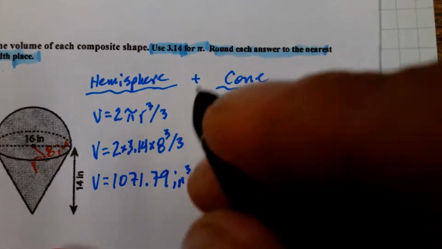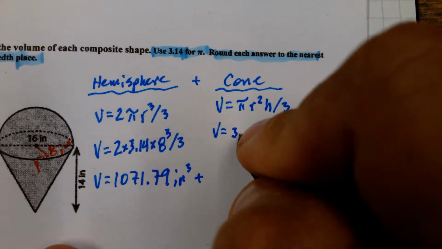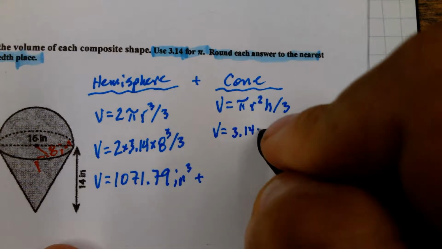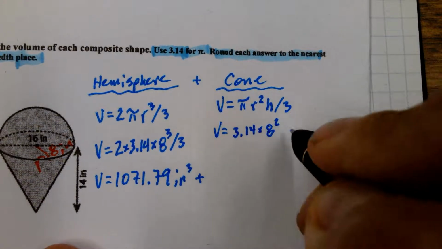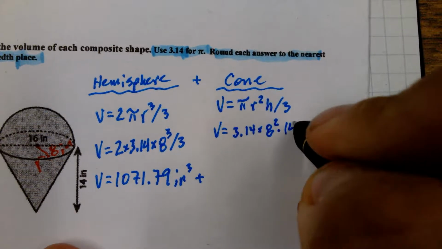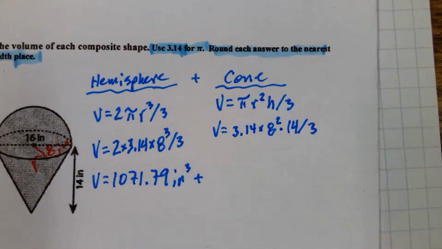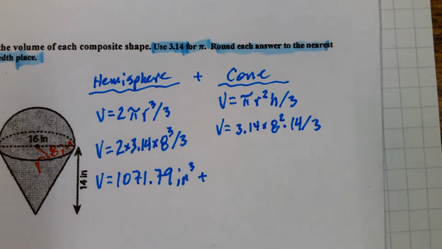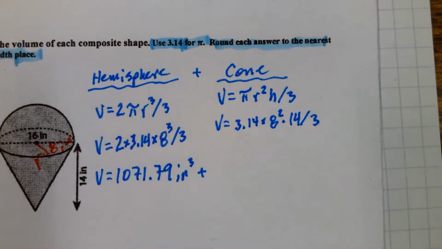So let's plug all this in. We want 3.14 times the radius again, which is 8, squared, times the height, which is 14, and then we divide that by 3. So punch in 3.14 times 8 times 8 times 14, and then divide that by 3.